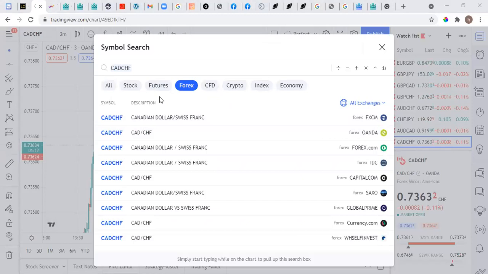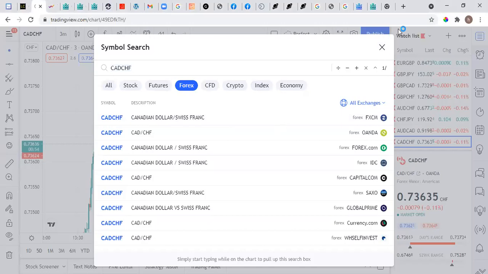Somebody is asking if you can use a phone to do trading. Obviously, yeah, you can. But of course, the system gives you a better look. Definitely, it gives you a better look.